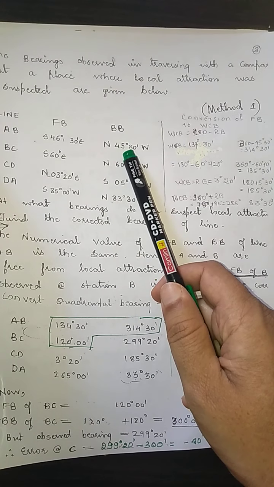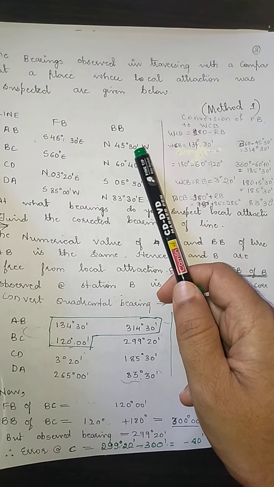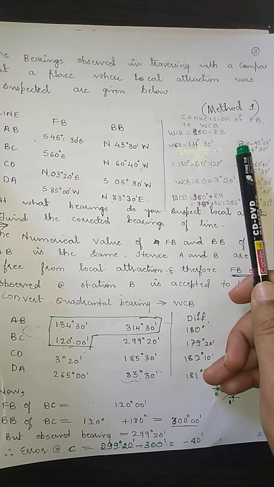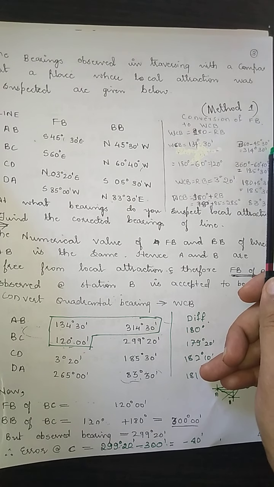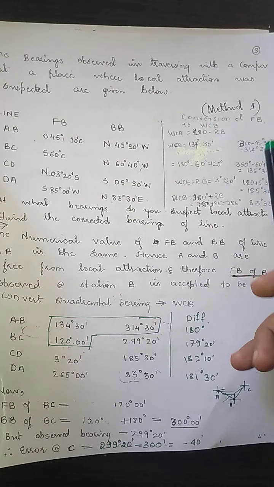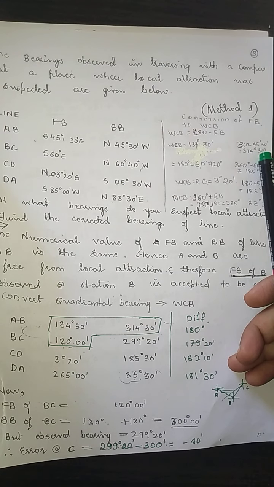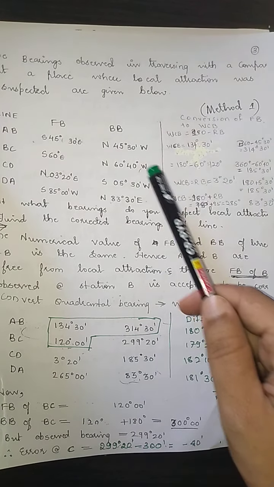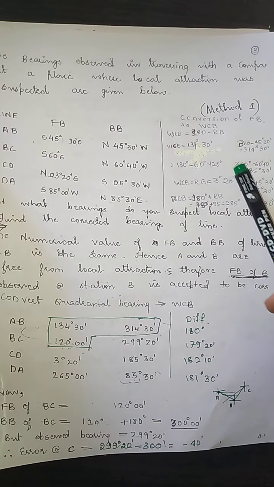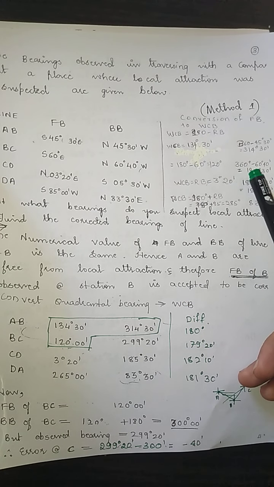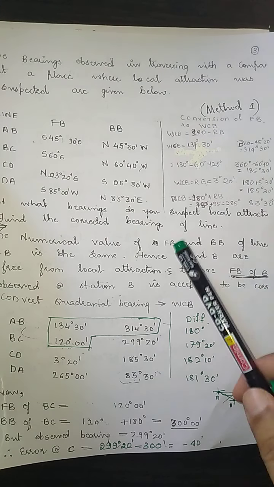So it is north 45 degree 30 minutes west. The formula is 360 degree minus 45 degree 30 minutes. So we get 314 degree 30 minutes. Then north 60 degree 40 minutes west. Again we have the formula 360 minus reduced bearing, so we get 299 degree 20 minutes.